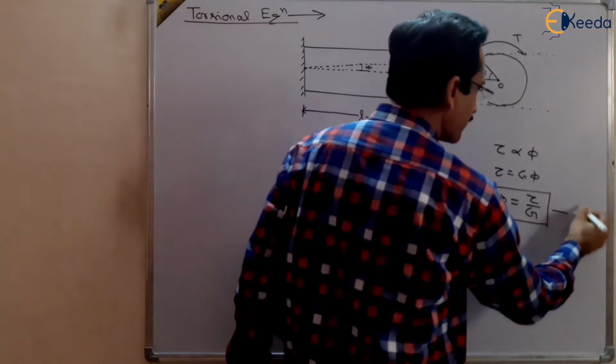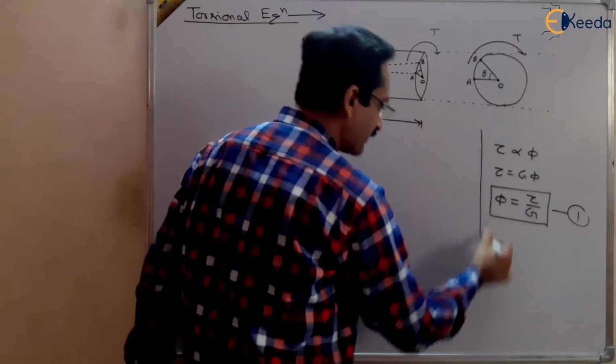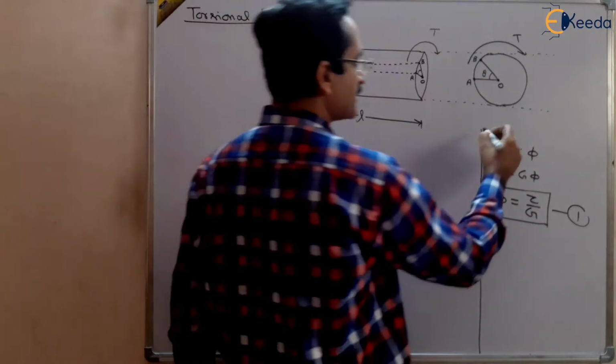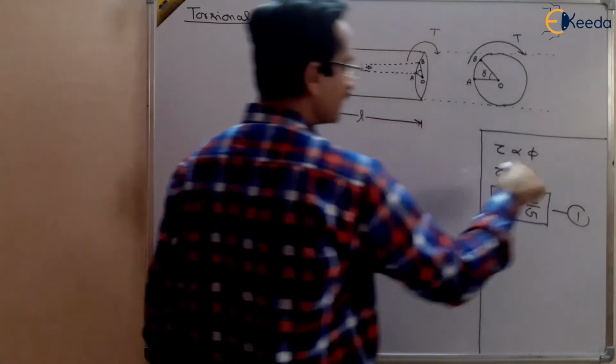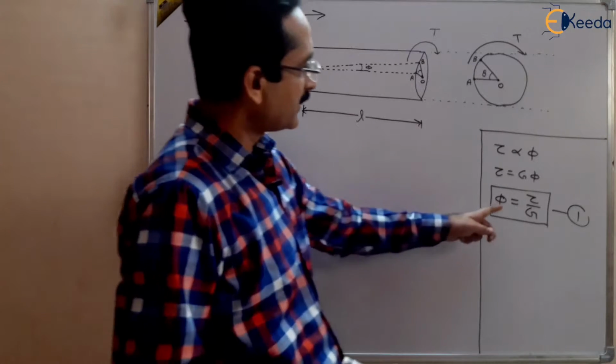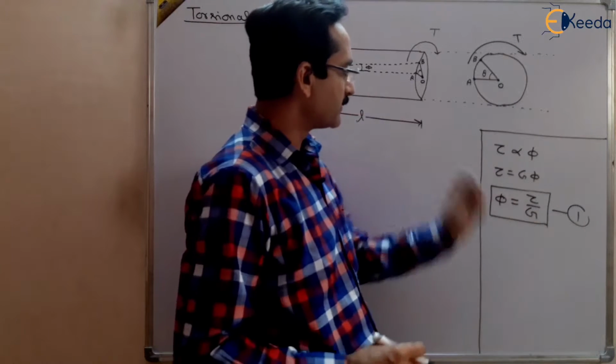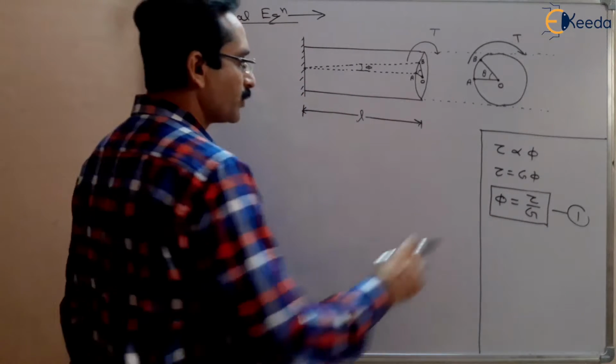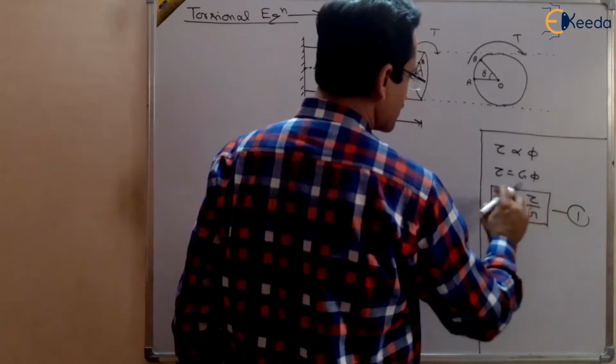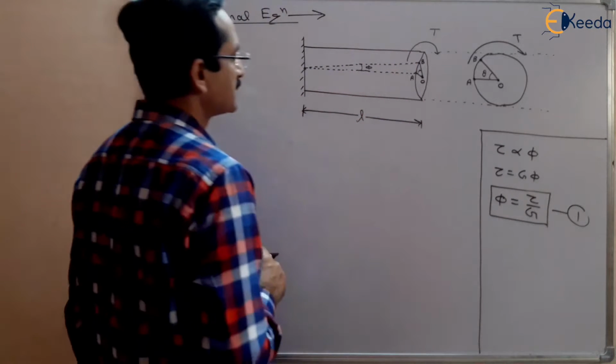We have already read this in our previous classes when we were studying shear strain and shear stress. Shear strain is given by tau by G, and both have the same dimensions, so shear strain is dimensionless.